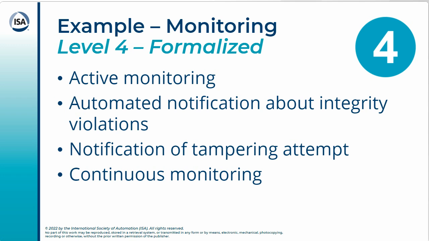You're dealing with active monitoring of your network, whether that's through passive network detection and alerting, or it is through actively going and querying systems. But this is the idea that you are actually looking for bad things on your network, not just sort of waiting around for them to happen. And similar with automated notifications of integrity violations.